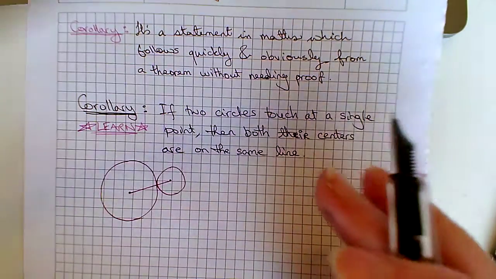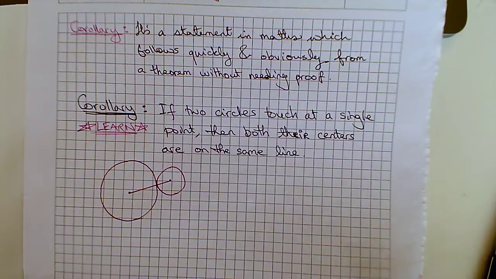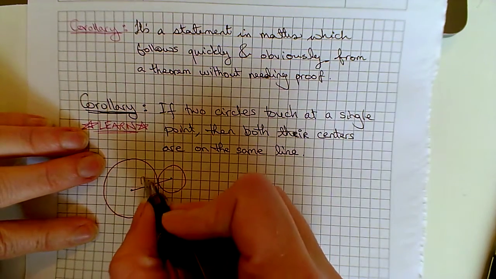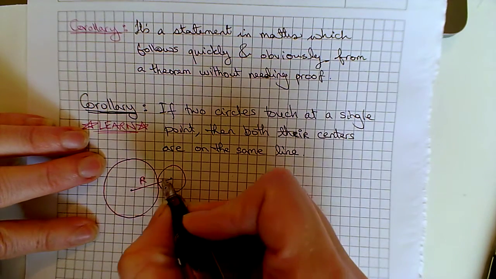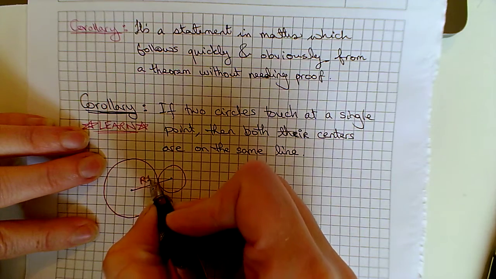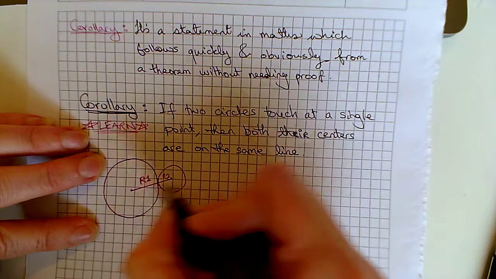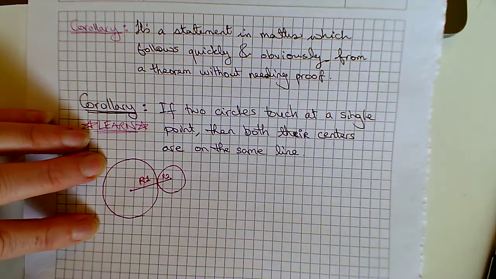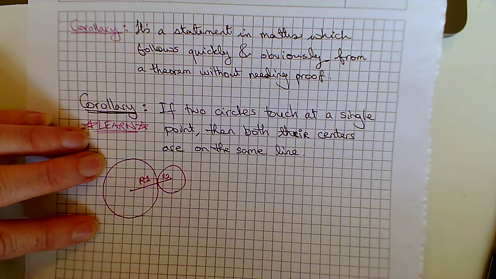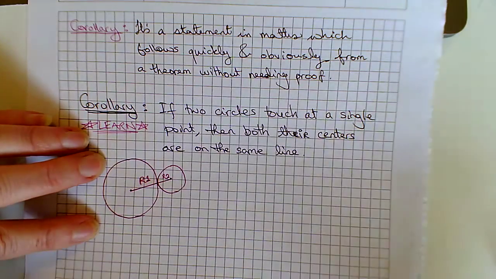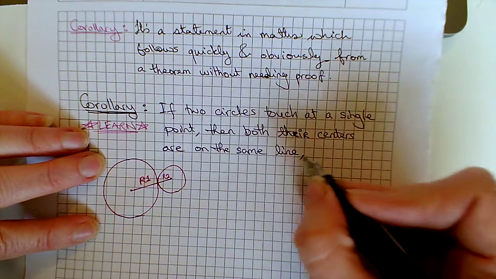There's another piece of information that goes with this. The radius of the first circle, radius 1, and the radius of the second circle will be the same as the distance between their centers. I should have finished this.